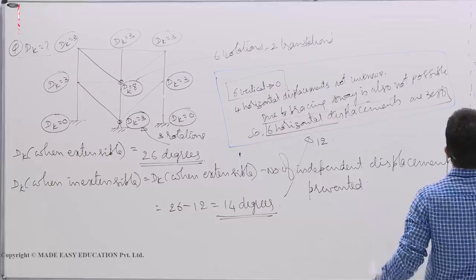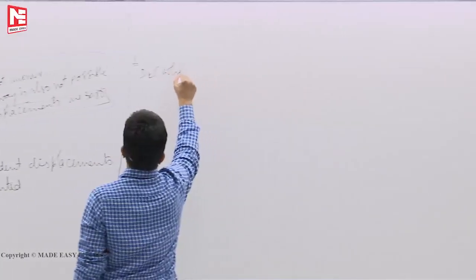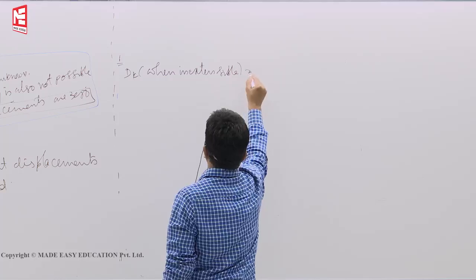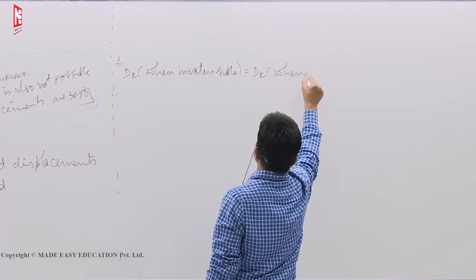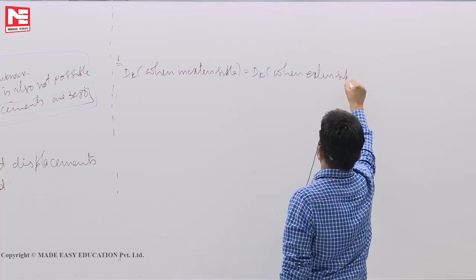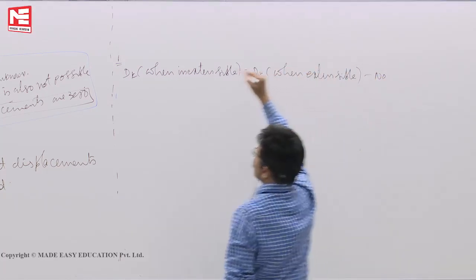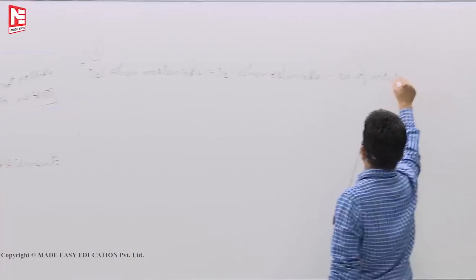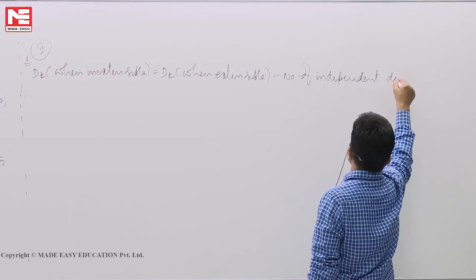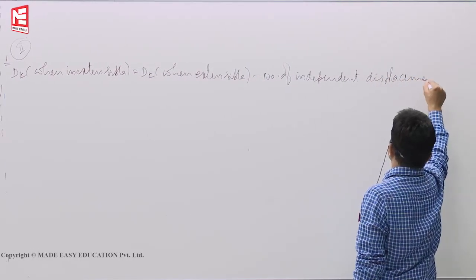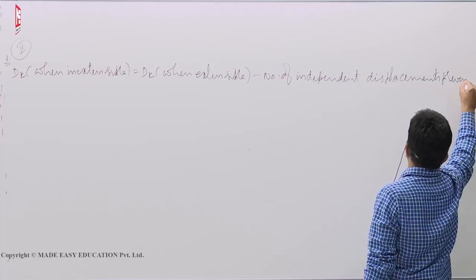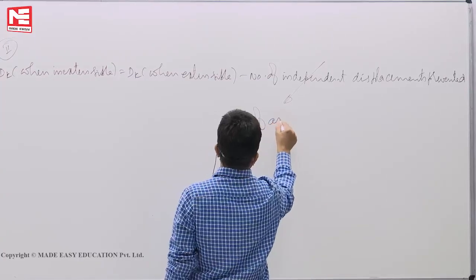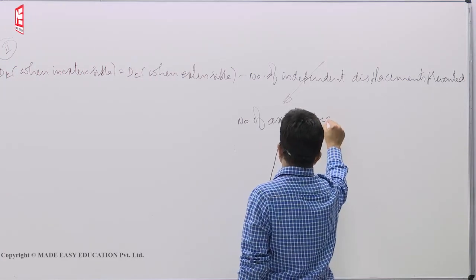Now you see, Dk when inextensible is equal to Dk when extensible minus the number of independent displacements prevented, which is nothing but the number of axially rigid members.